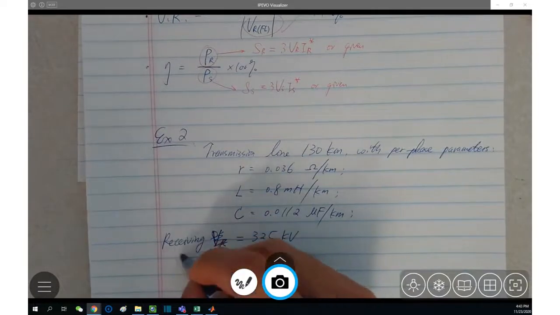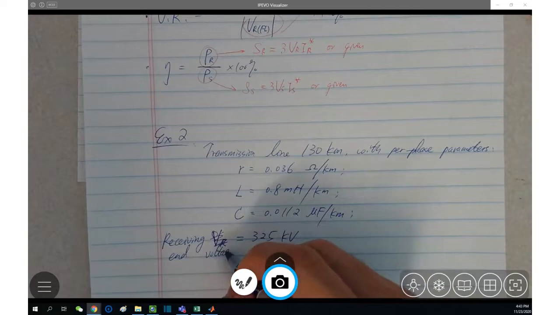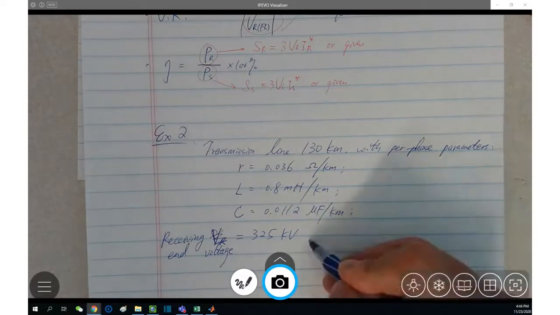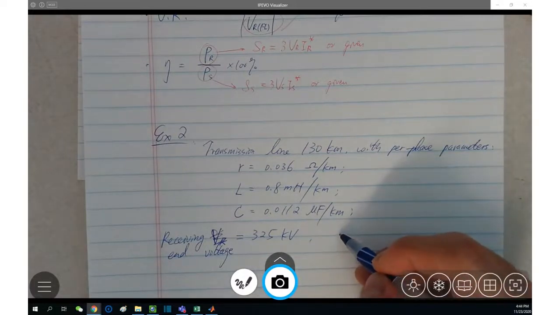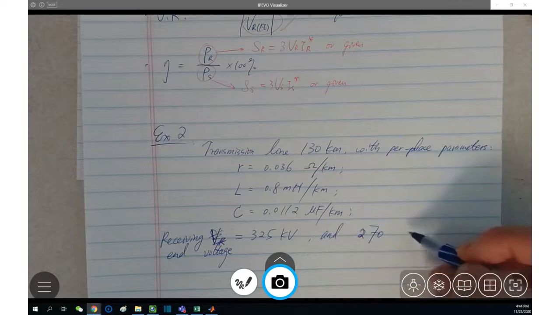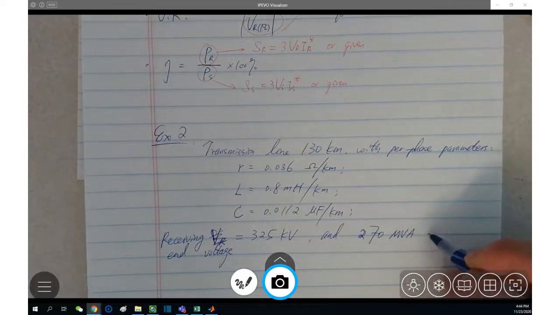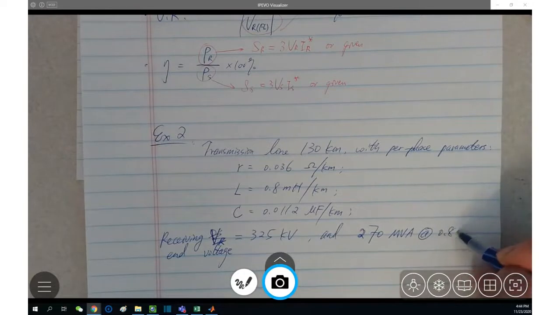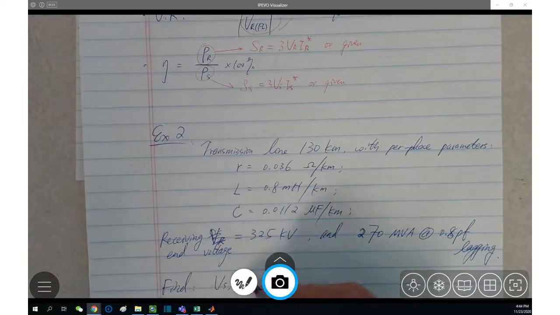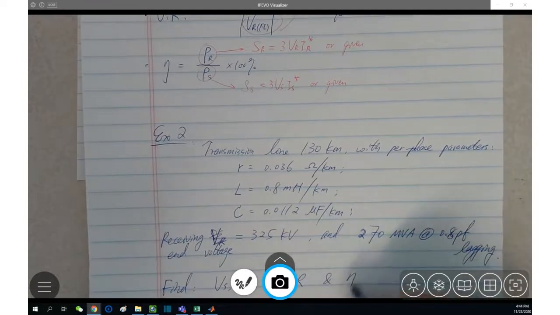Receiving end voltage 325 kilovolts and 270 kilo VA at 0.8 power factor lagging. Find Vs, Is, VR, and efficiency.